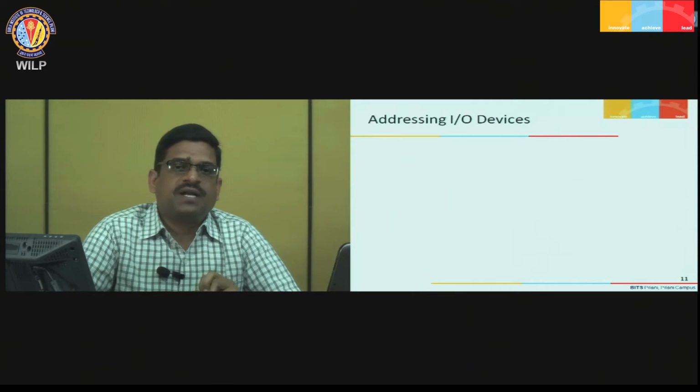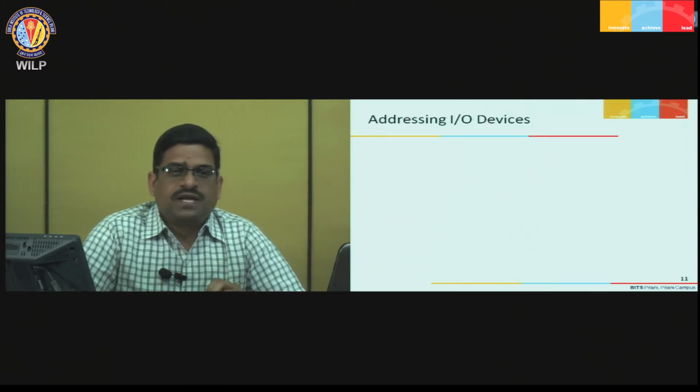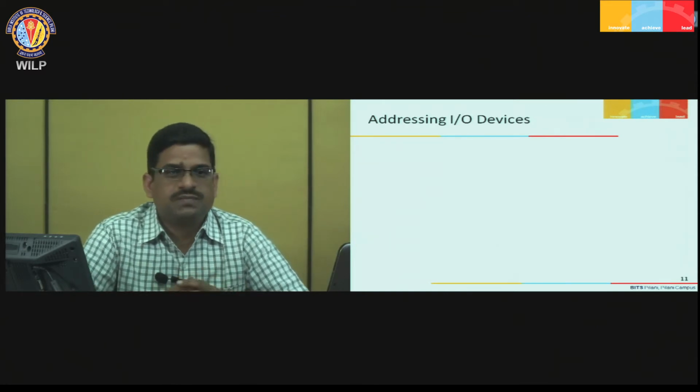Now in the programmed IO, one of the important things is how the IO devices are addressed. For memory, we know that when the processor wants to read some data from the memory, the processor generates an address that belongs to this memory module.